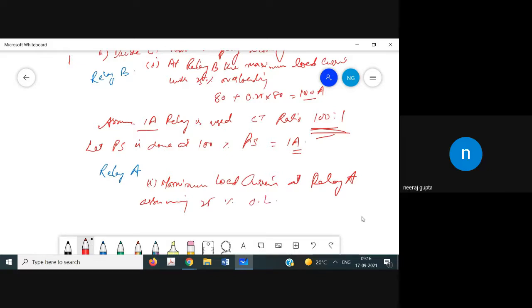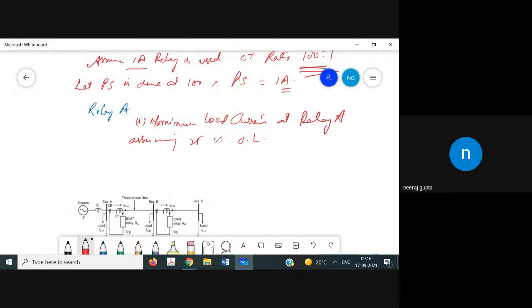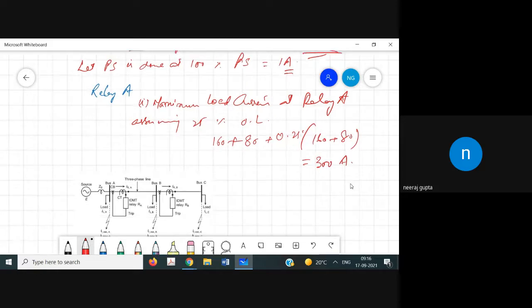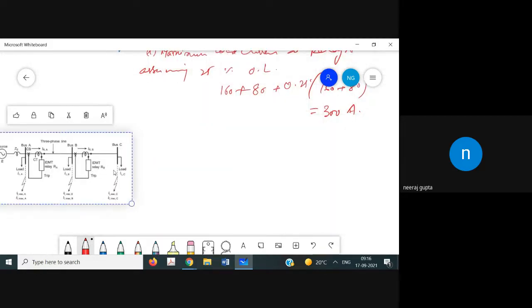So the load will be 160 plus 80, plus 25% of 160 plus 80, and it comes out to be 300 amperes.